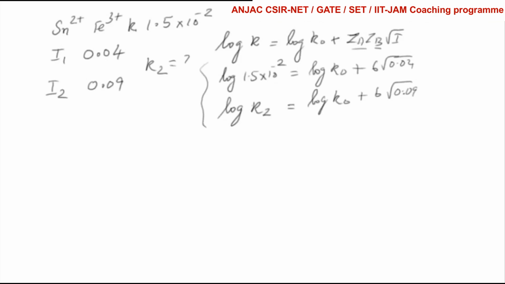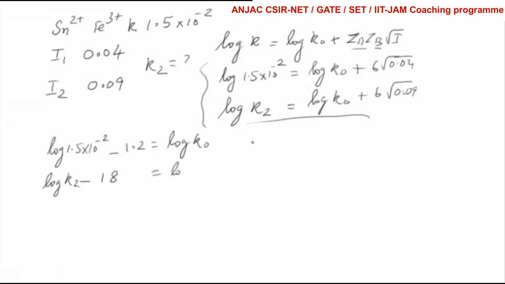How to manipulate it? Bring the terms to the other side. Log of 1.5 into 10 power minus 2, minus 1.2, is equal to log k naught. And for the other one, you can bring it as log k2 minus 1.8 is equal to log k naught.